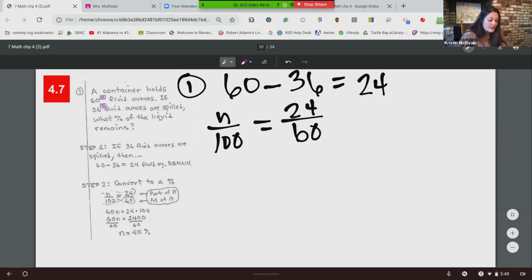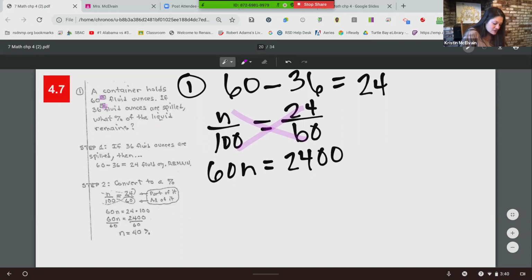So these are going to be all your problems. We're going to cross multiply. And it gives me 60n equals 24 times 100 is 2,400. And then divide each side by 60 to get n by itself.